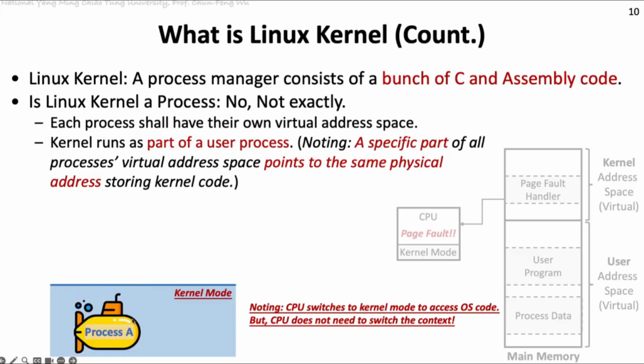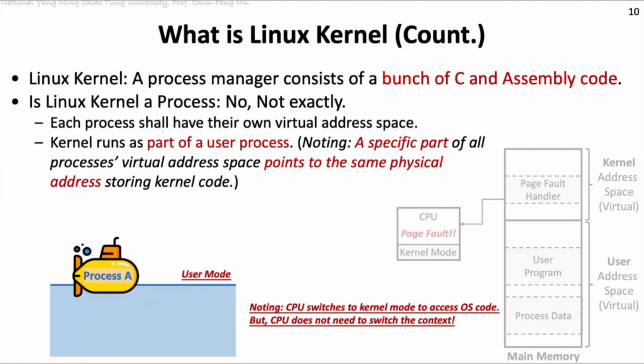It means the system doesn't need to change the CPU. It's still the same CPU. The only different thing is the mode. It's just the bit in the CPU, which changes from 0 to 1 or 1 to 0. When the CPU is in user mode like this, it means the CPU is now running with user A's data, here.